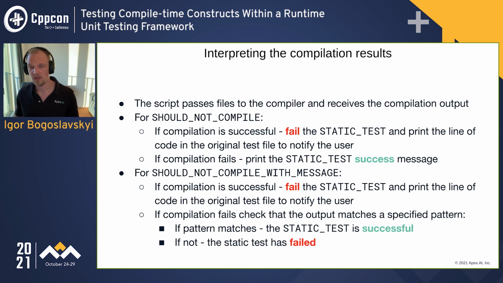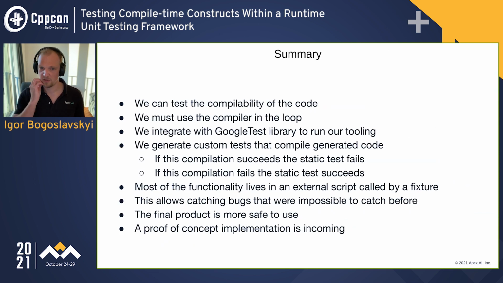If we do, then the static test succeeds. We added the should not compile with message for when we have a static assert or something with a nice message to it. And of course, if we don't find this pattern, then the static test fails. So this brings me to the end.